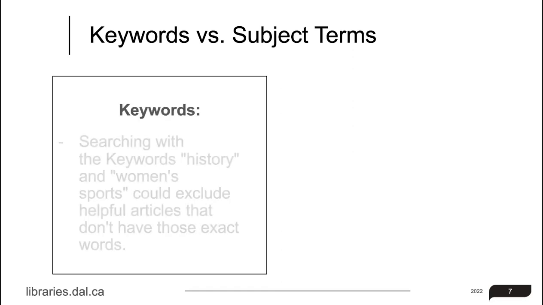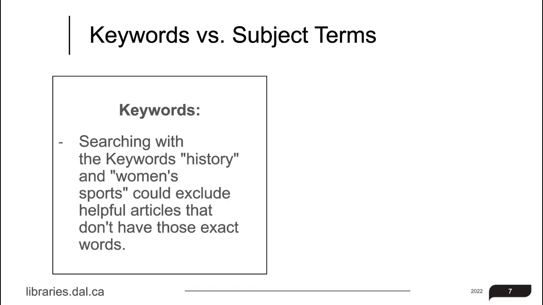For example, if you were searching for articles about the history of women's sports and used the keywords history and women's sports, you would get results that contain those exact words. So this might actually exclude an article about the history of women's basketball that might be of interest to you if, for instance, the word sports is never used in the article.